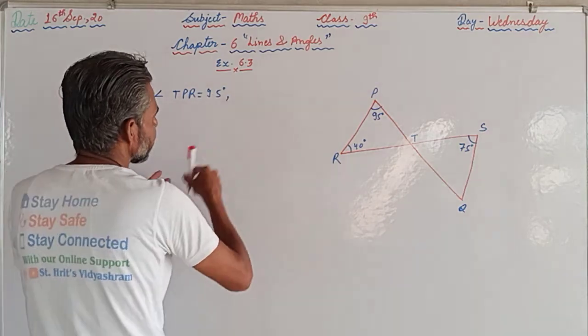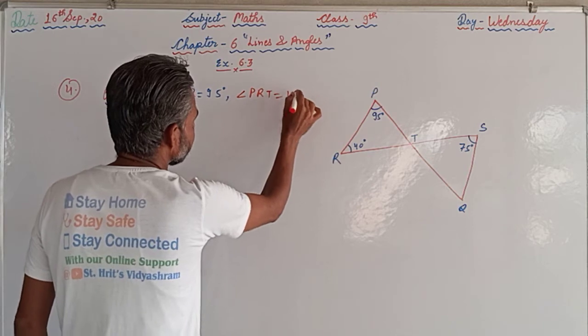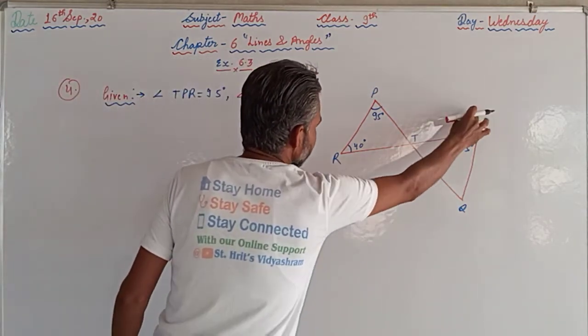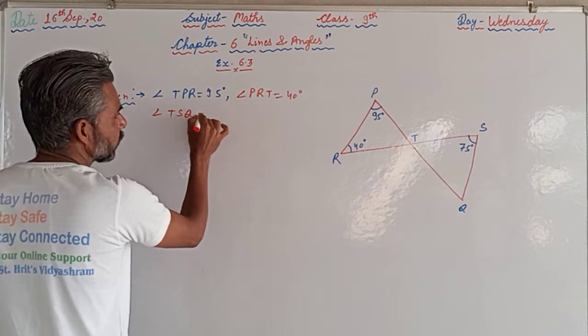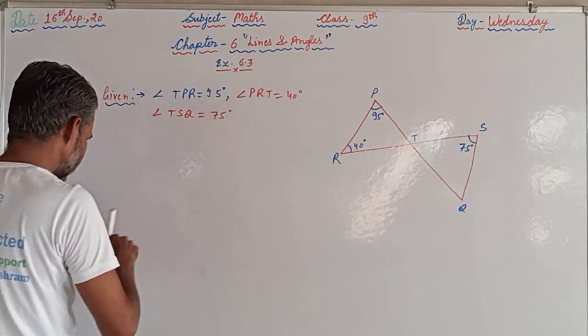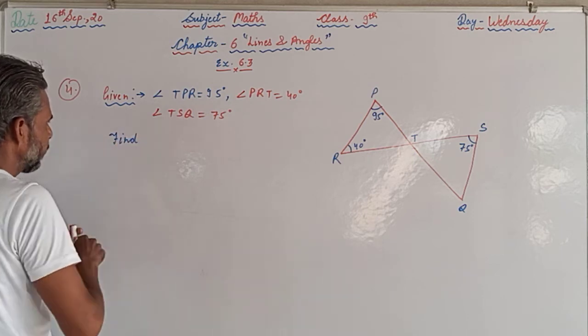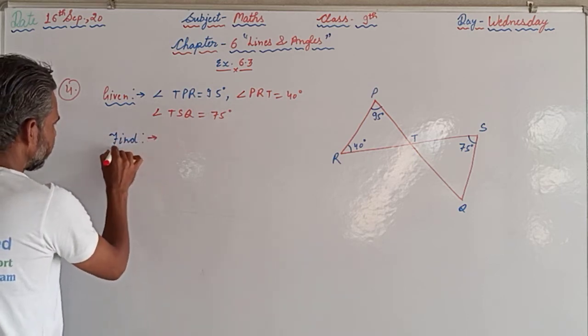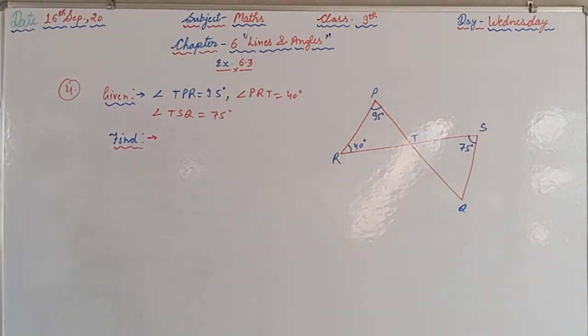At the same time angle PRT is given 40 degree, and angle TSQ is also given 75 degrees, and we have to find angle SQT.